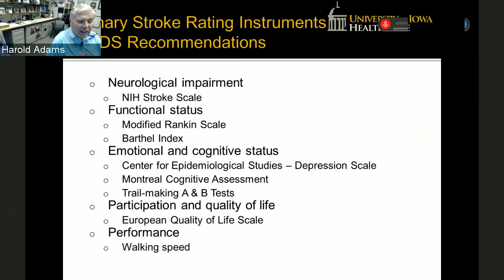For functional status, the Barthel Index and the modified Rankin scale. For emotional and cognitive studies, the Montreal assessment, trail-making tests, and a depression scale. For quality of life or participation, the EuroQol, and for performance, walking speed.